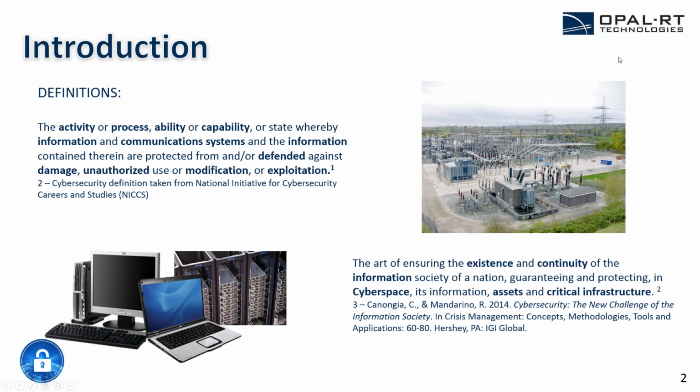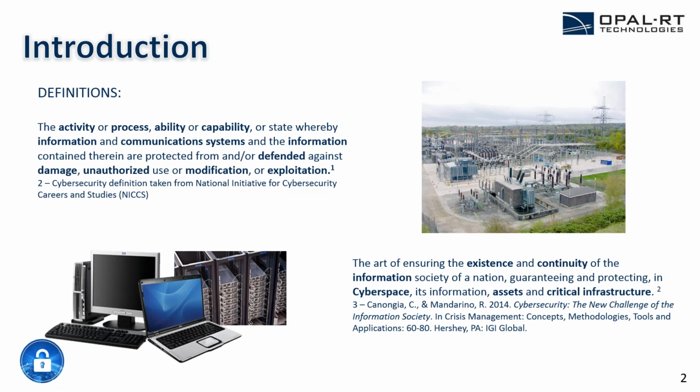And how do we define cybersecurity? There are many definitions, and the first one I have here on the top left refers to an activity, process, ability, capability, or state where information communication systems are protected, defended, and against damage, unauthorized use, modification, exploitation.